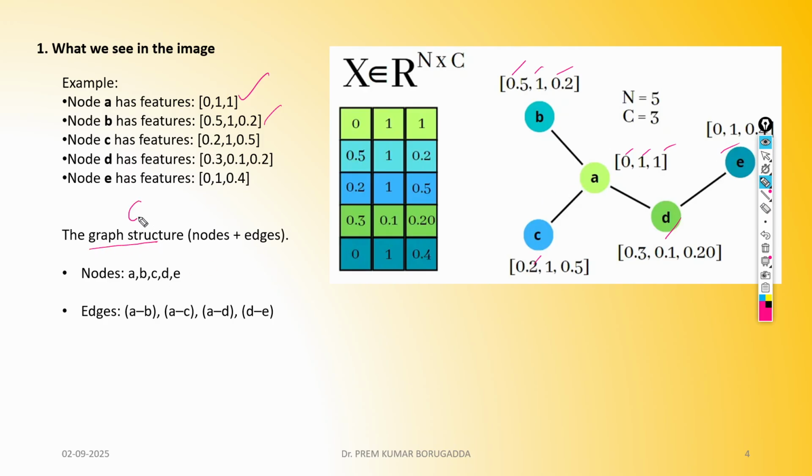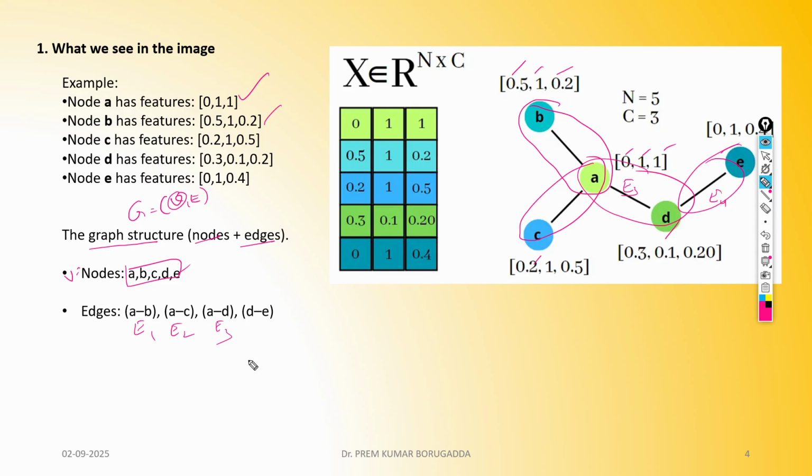Graph structure G is equal to the combination of vertices plus edges. Vertices means the nodes. What are the nodes here? A, B, C, D, E. And edges: A is connected to B, this is edge E1, and A to C, this is edge E2, and this is E3, and this is E4. So they are the 4 edges.